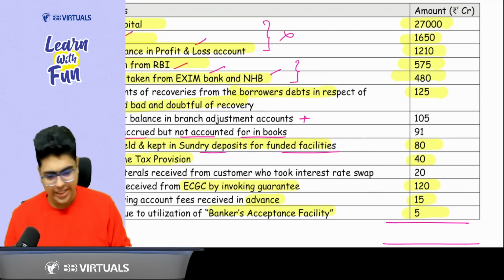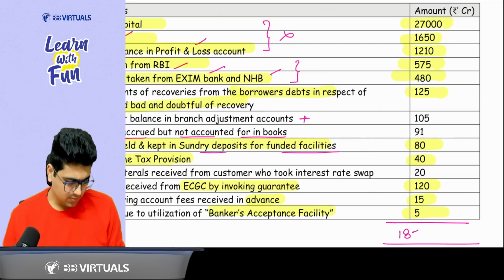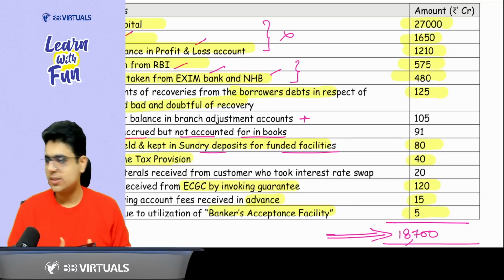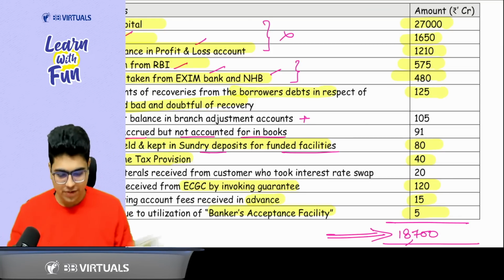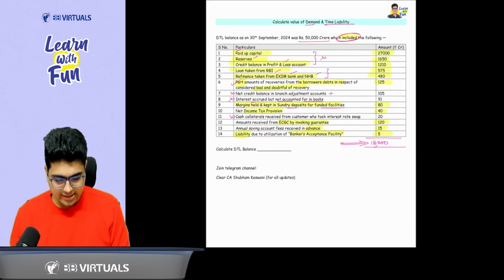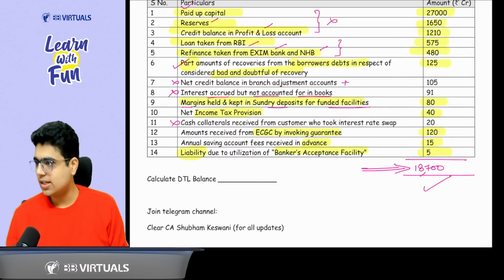So it comes out to be 18,700. So this is how ICAI can ask you a good conceptual question either practically or in the form of MCQ. Got it or not? Yes, sir. So this is your DTL balance that I have just calculated for you.